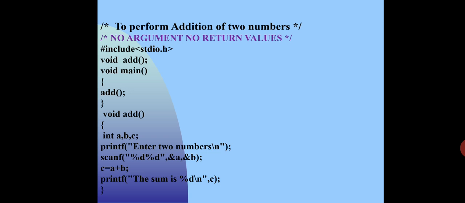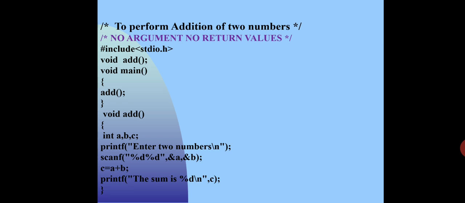Then the control will be passed to the add function. What is happening in the add function? There will be three variables. There it is declaring three variables A, B and C.